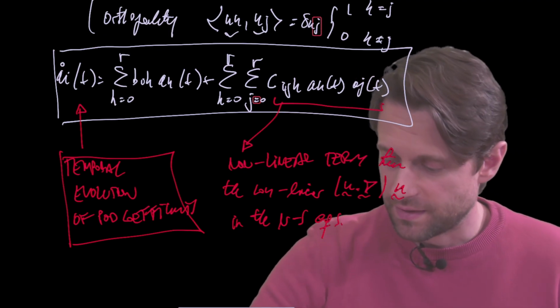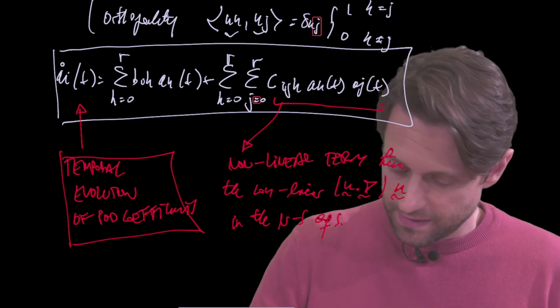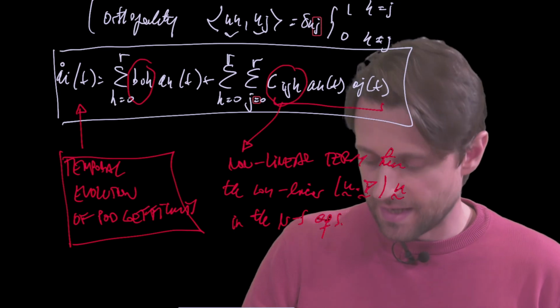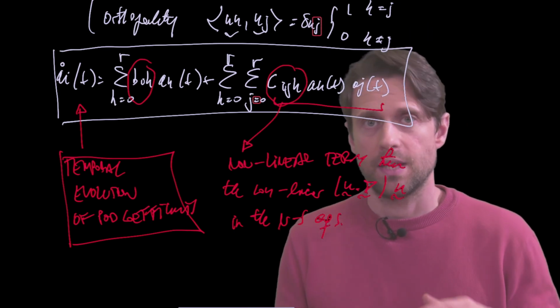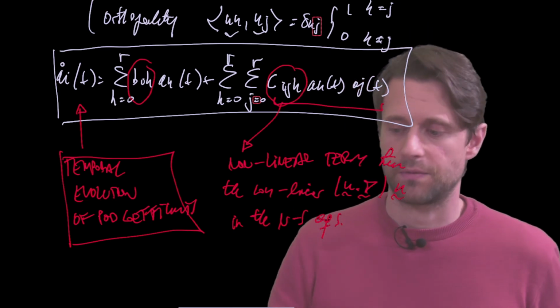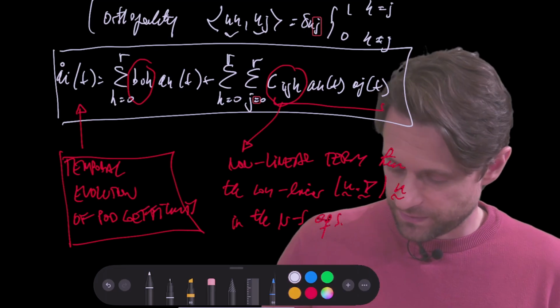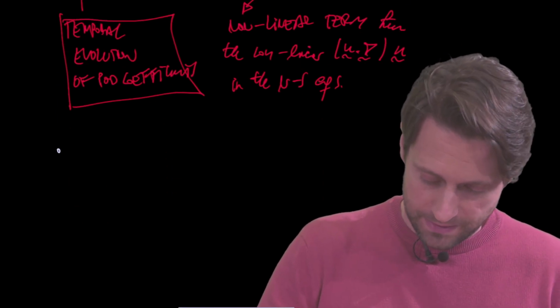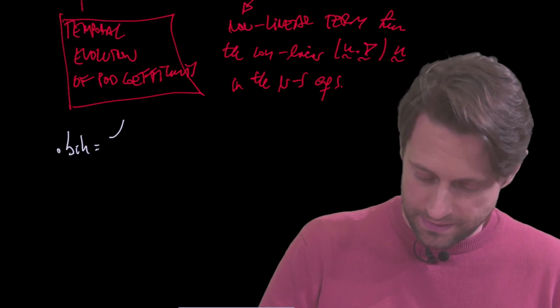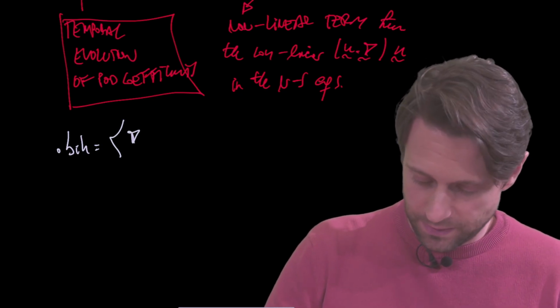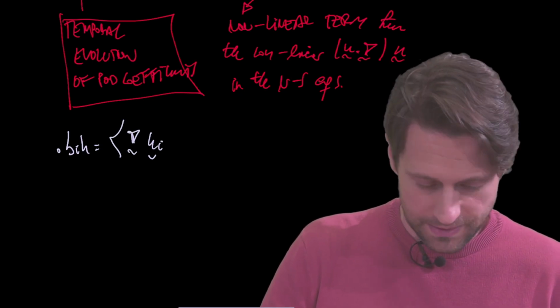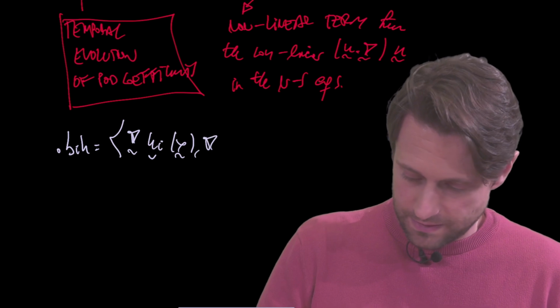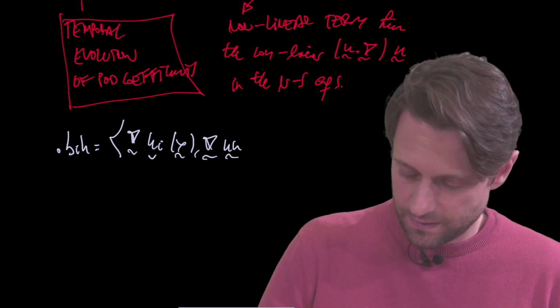Okay, the only thing that I have left is to define the bik and the Cijk. These are just coefficients that have to do with all the different components that I have for my temporal evolution. So if you do all the math, what you will get is bik is the inner product of the gradient of ui of x with the gradient of uk of x.